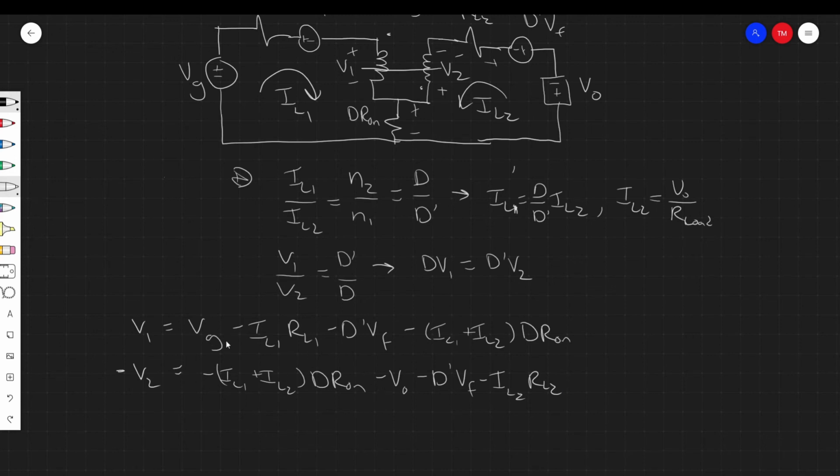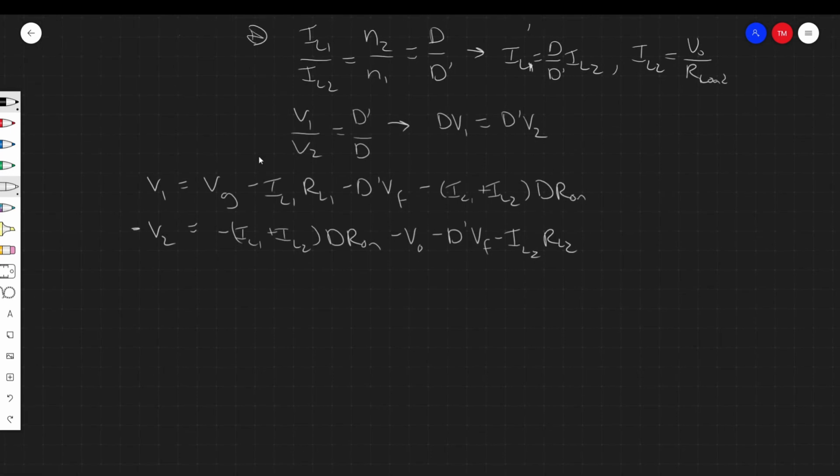Basically, now we just replace all the ILs with something related to V out, and then we equate the voltages. So let's do that. V1 is equal to VG minus, well, what is IL1? IL1 is actually D over D prime IL2. What is IL2? It's V out over R load. So I'm just going to write it in this way: RL1 over R load times V out.